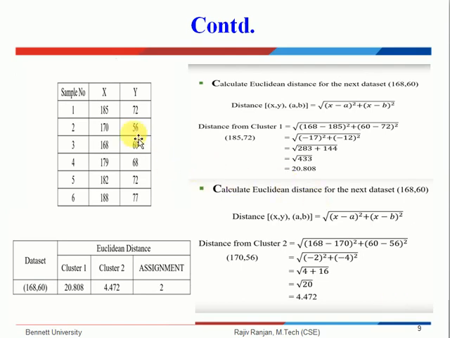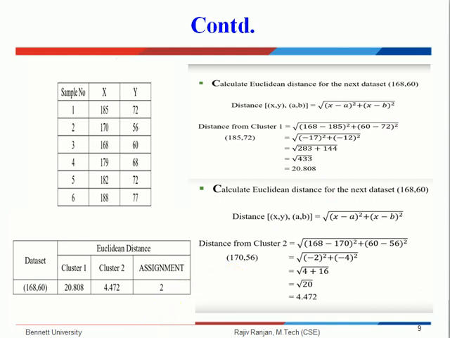So we are done with sample number 1 and 2. Now move to sample number 3, that is 168 and 60. First we have to calculate the distance for sample number 3 to cluster number 1. For that we put the values 168 minus 185 and 60 minus 72.